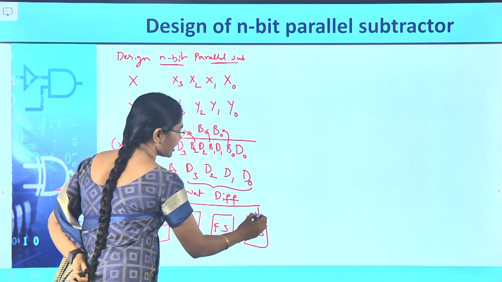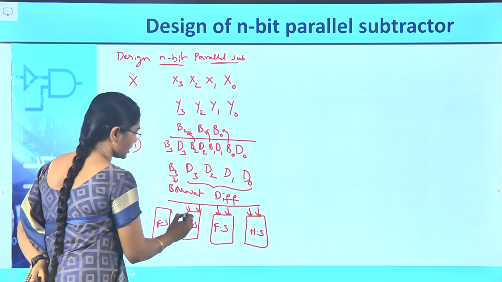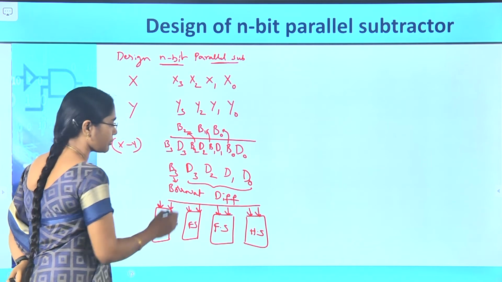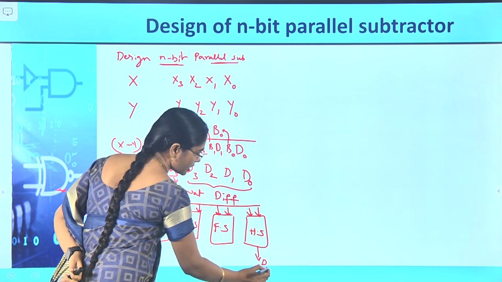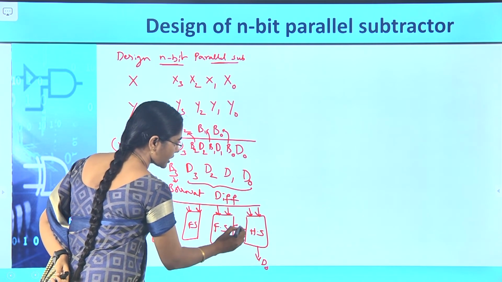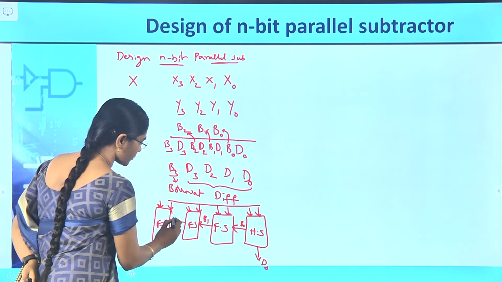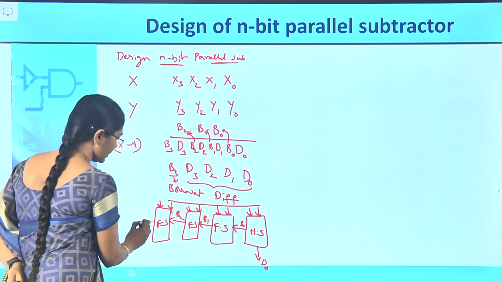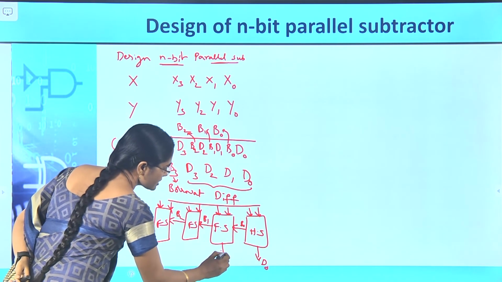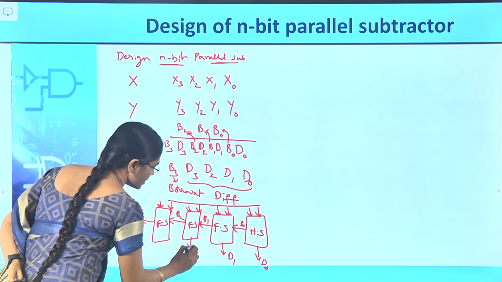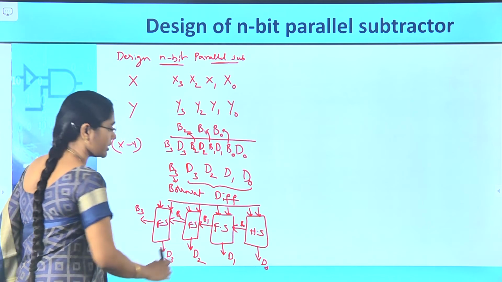Inputs x0 y0, x1 y1, x2 y2, x3 y3 are directly applied, and the half subtractor output d0 and b0 will be connected here, b0, b1, b2 and b3. b3 is the final borrow out, and this full subtractor will produce d1, this full subtractor will produce d2 and this subtractor will produce d3.